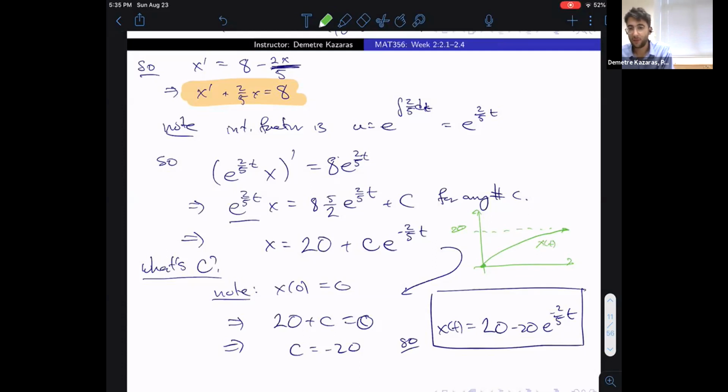That will over time tend to a specific number, kind of the capacity for salt in this situation, some equilibrium value. Okay, very good. So this is our answer: grams at time t in minutes. Very good.